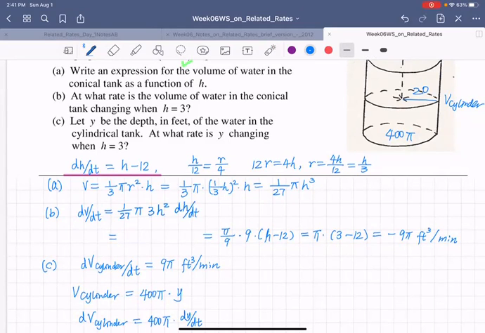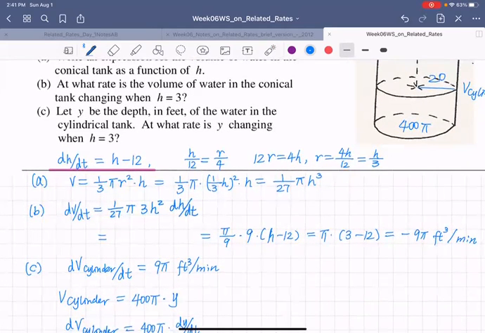There you go. Equals pi over 9 h squared times dh over dt. There you go. So far so good.